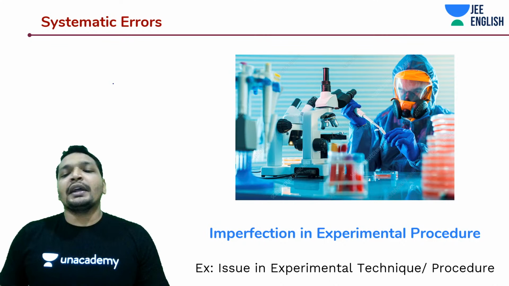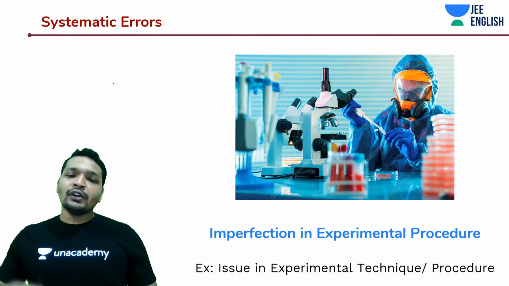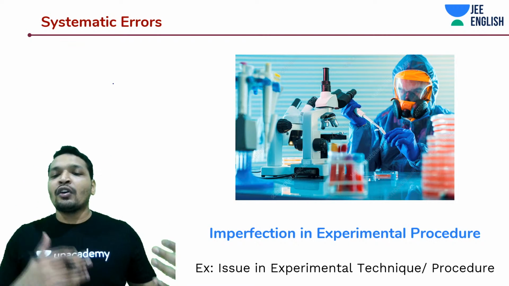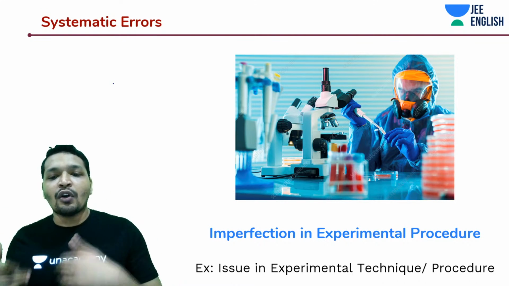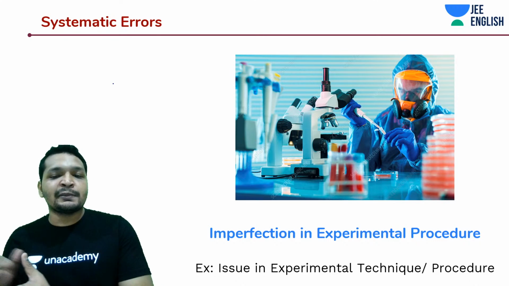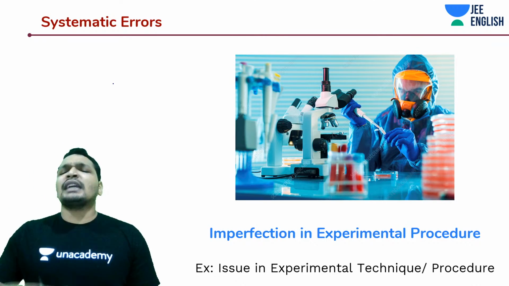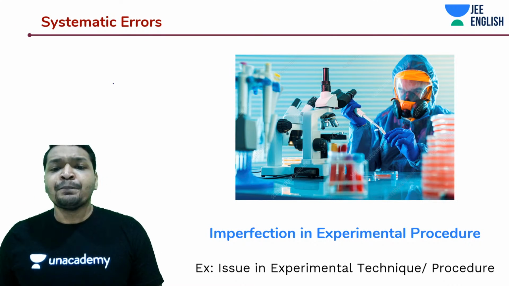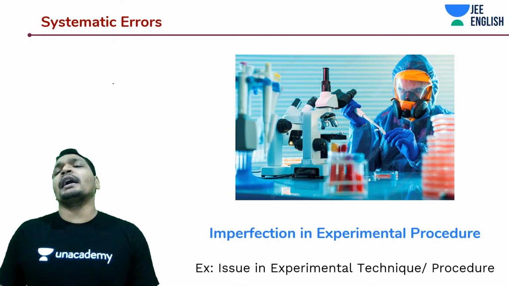And similarly, imperfection in experimental procedure. What do I mean by that? You're trying to do some titrations, okay, and you are given a solution with the wrong concentration. Then you're always going to get the results wrong in one direction. So there is always imperfection in your experimental procedure or technique. Even if you're following a standardized method, or someone has taught you to conduct the experimental procedure, it may not be the right way.